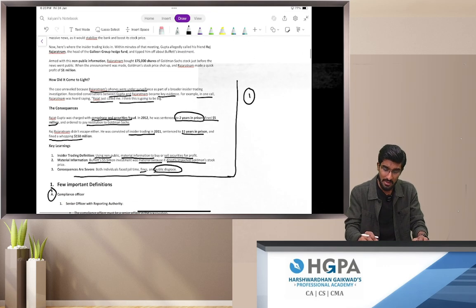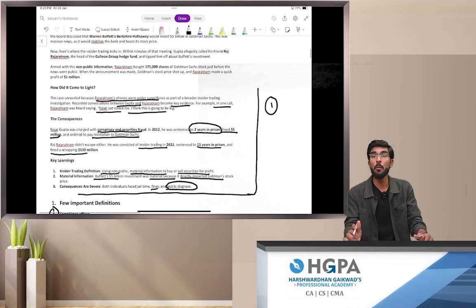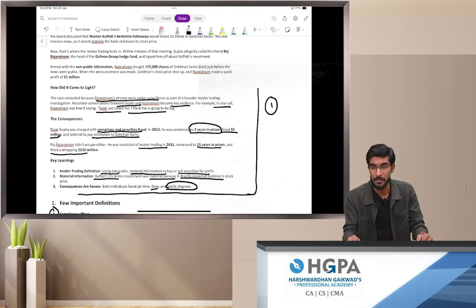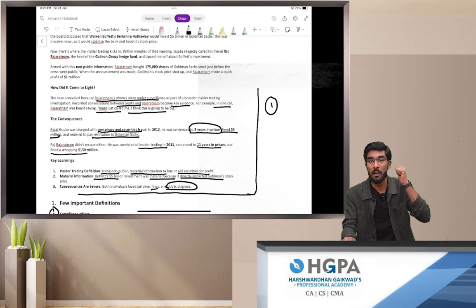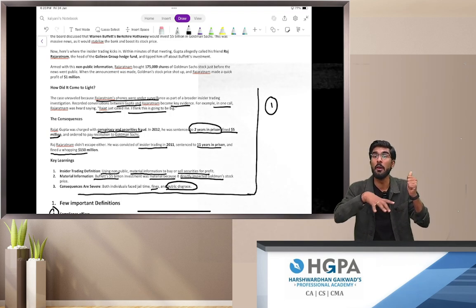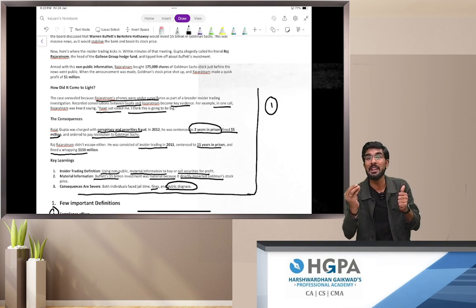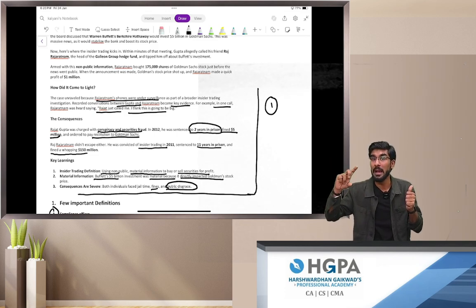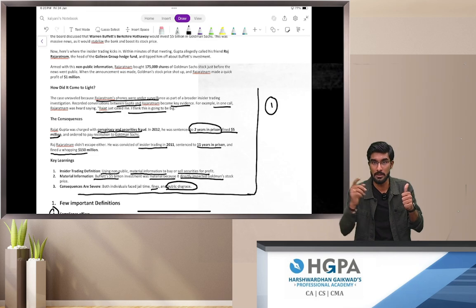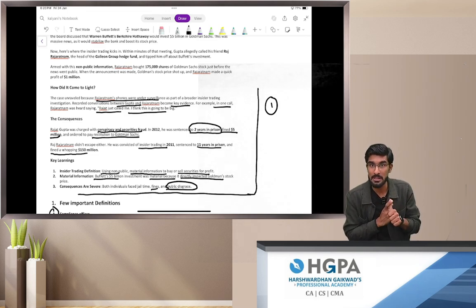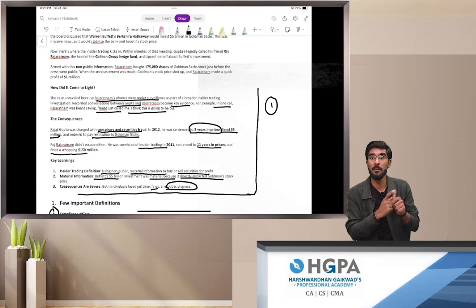Okay, from this case study, who were the insiders? The insiders were Rajat Gupta, who was on the board of directors of Goldman Sachs and had direct access to information that can directly affect the stock price of Goldman Sachs. And who else was an insider?